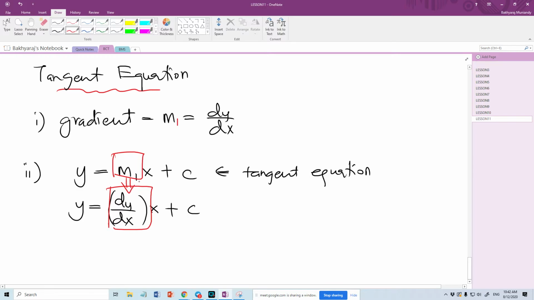They are same. m1 is equals to dy dx. Okay, so to understand this tangent equation, then we need to look into a few examples lah. Kita tengok few examples. Okay, so you can get the clear picture of tangent equation.